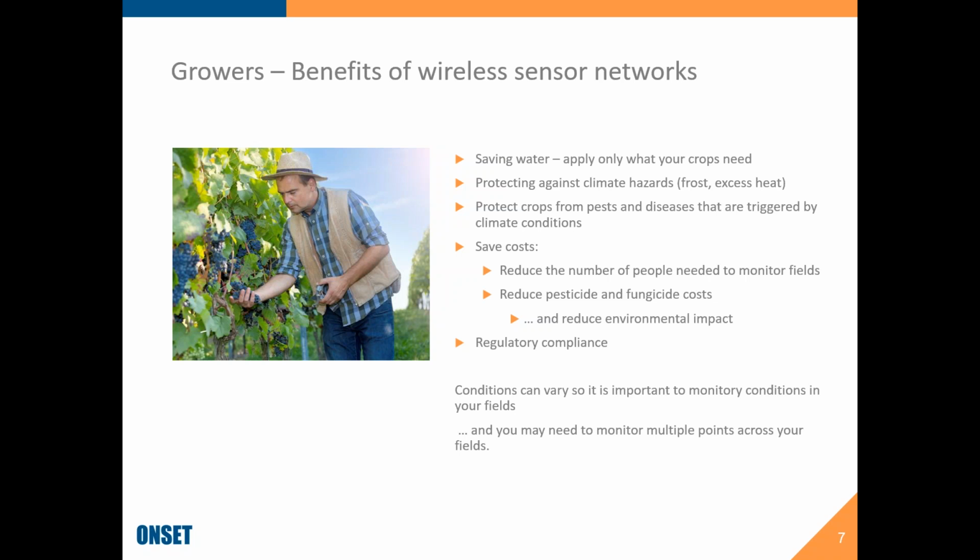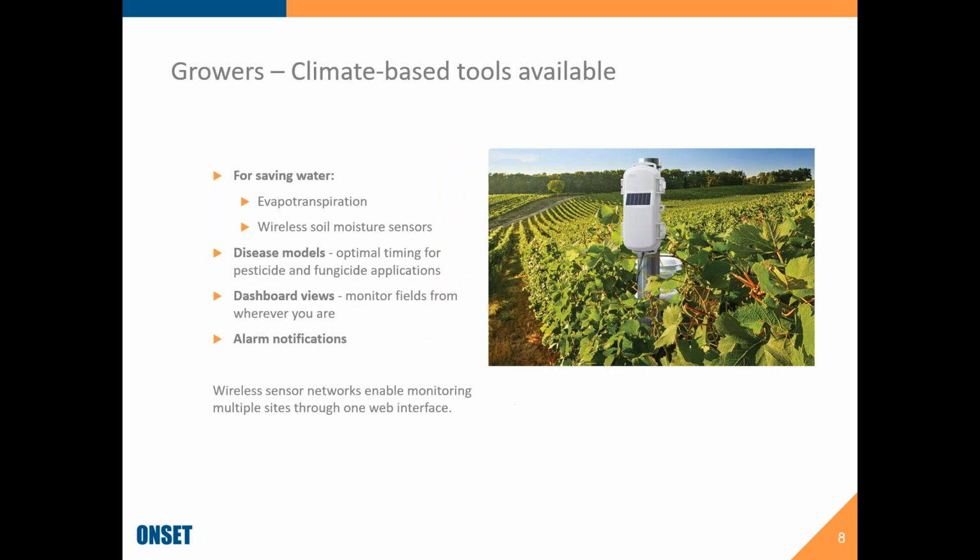Another important point is that the conditions of your fields can vary. So in many cases, you may need to monitor multiple points, hence the need for wireless sensor networks, which can monitor multiple points. Here are some of the tools available for you. If you're a grower, you can use evapotranspiration or soil moisture sensors to help manage and make your irrigation decisions, when to turn on your pumps or irrigation systems.